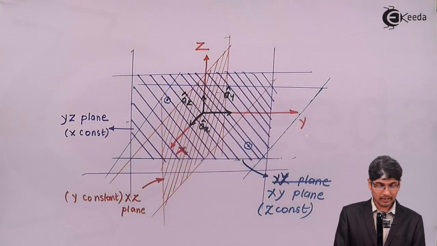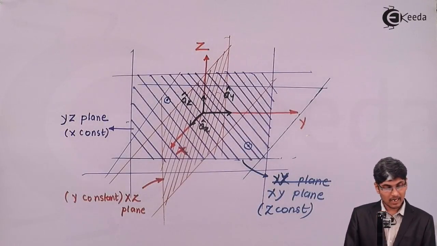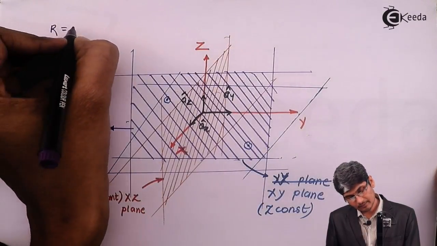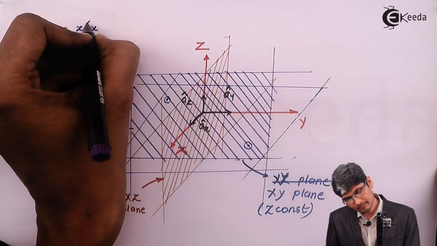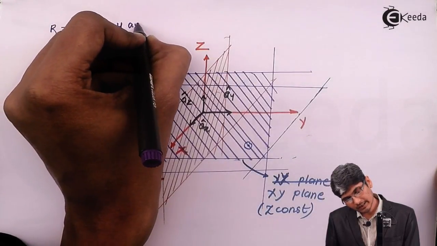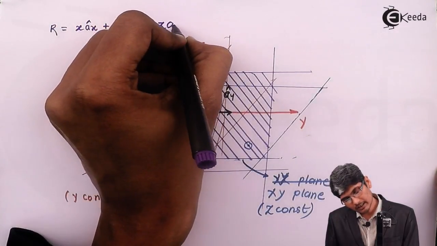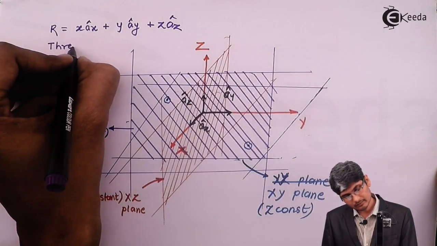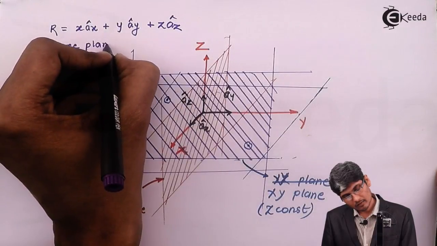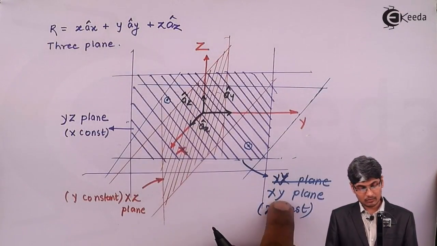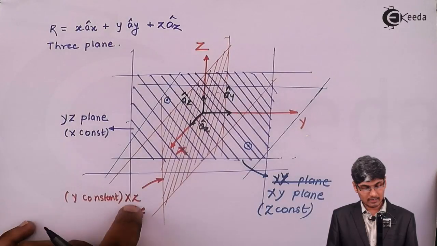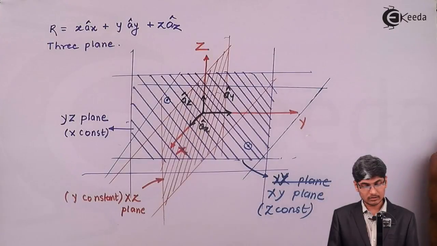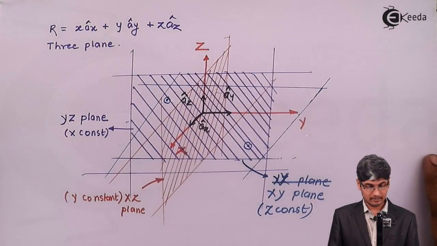So in the XYZ coordinate system, the resultant is represented as X AX cap plus Y AY cap plus Z AZ cap. Then we have three planes, as we have seen: XY, XZ and YZ, and three unit vectors AX, AY, AZ.